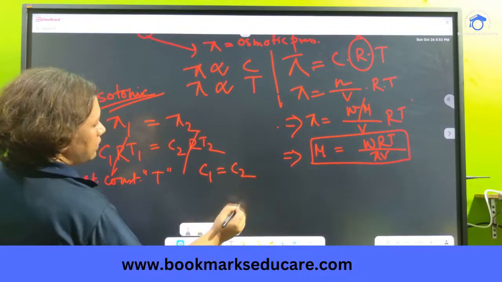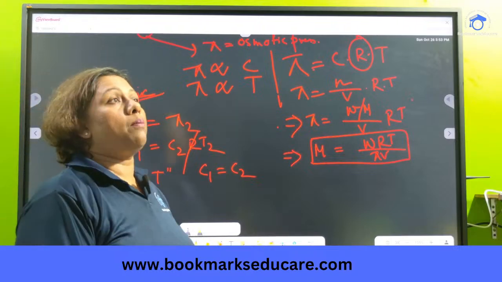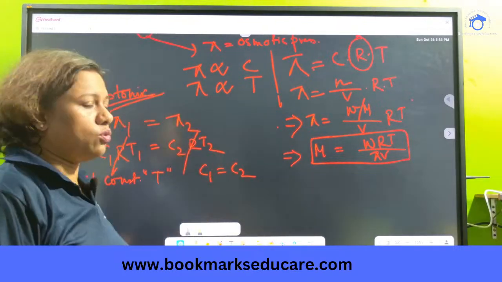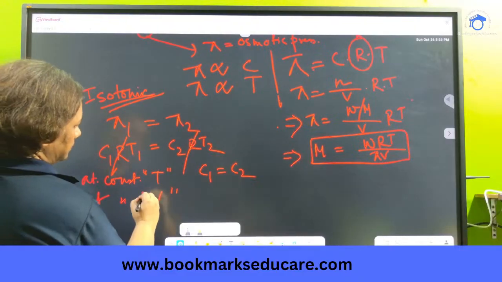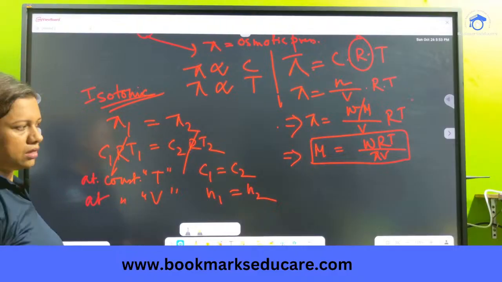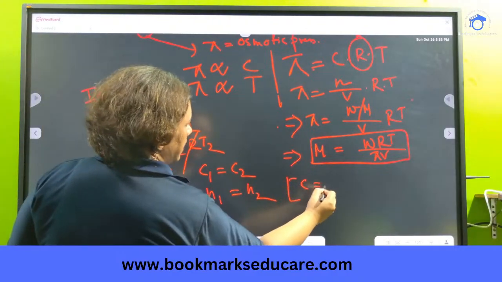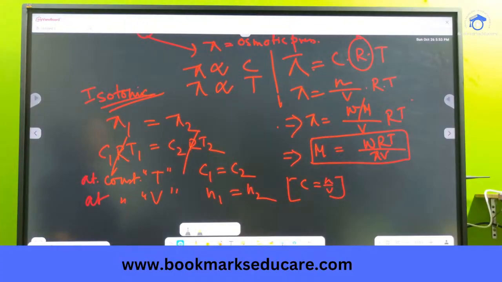That means C1 is equal to C2. C means number of moles present per unit volume. Now if the volume is also equal, then N1 is equal to N2. Why? Because C is equal to N by V. So the volume is also equal, so N1 is equal to N2.